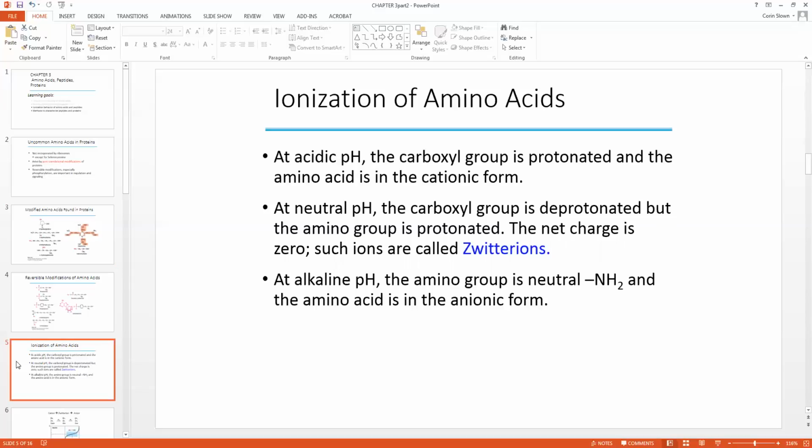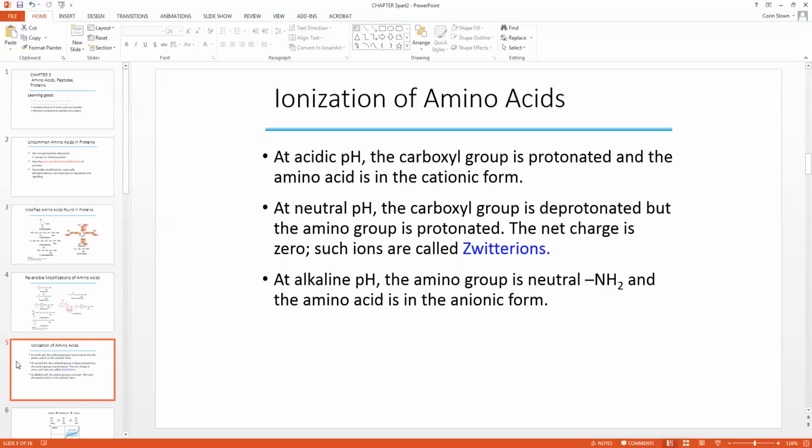At a neutral pH, say pH 7, that carboxyl group, though, becomes deprotonated. It loses the hydrogen, but the amino group stays protonated. So because I now have a negative charge on the carboxyl group and a positive charge on the amino group, this is what we refer to as a Zwitter ion because it has a net charge of 0.